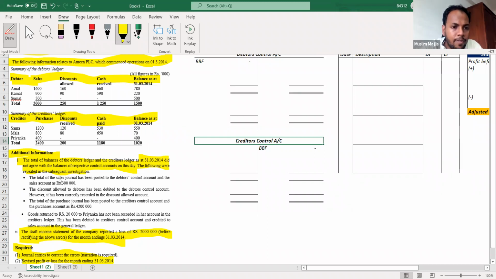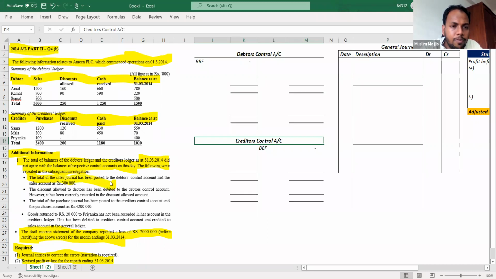The total of the sales journal has been posted to the debtors control account and the sales account as 300,000. Actually, it is 3 million, but posted as 300,000. Then what do you do?